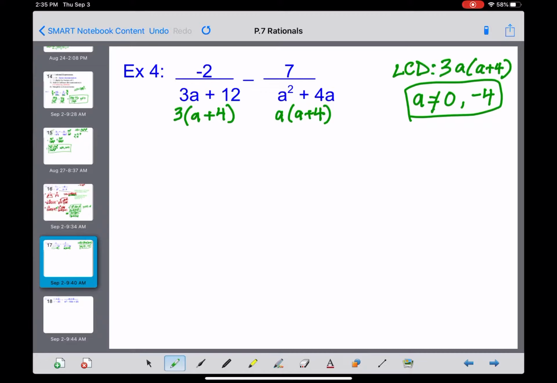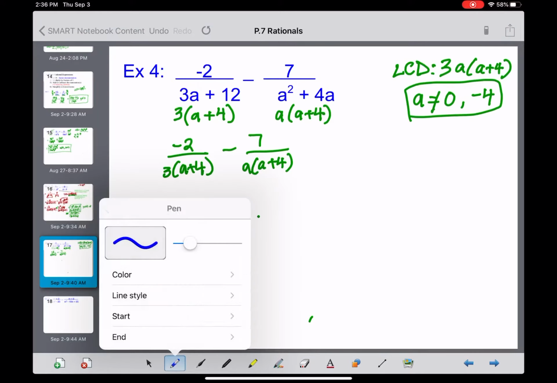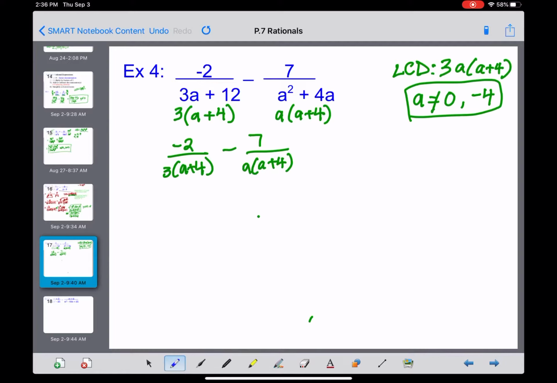Okay, so now we are going to multiply by the factors that are missing. So I'm going to go ahead and rewrite this now, 3a plus 4, just so I have a little more space. Okay, so what's missing? On the first one, what is missing is the a.